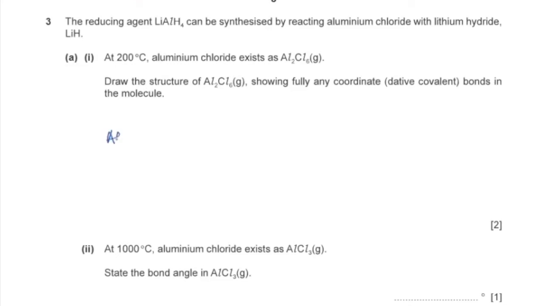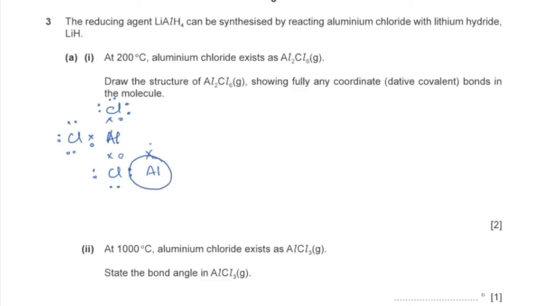There is this Al that shares each of its 3 electrons with 3 chlorine atoms, while all these chlorines have their 3 lone pairs of electrons. This lone pair of electrons from this chlorine will be forming a dative bond with another aluminium atom, which shares each of its 3 electrons with other 3 chlorine atoms.